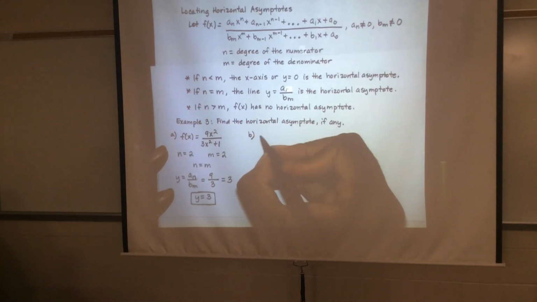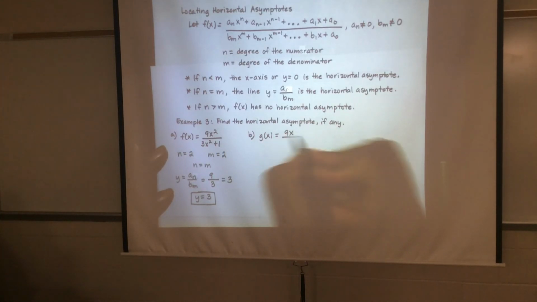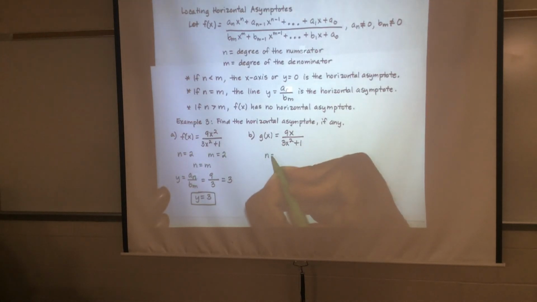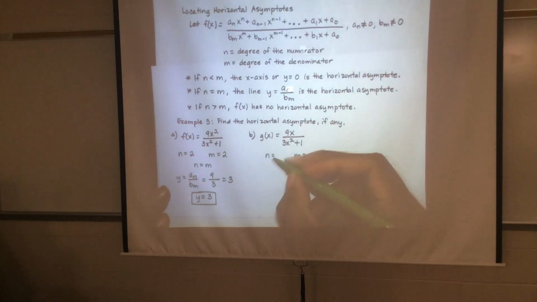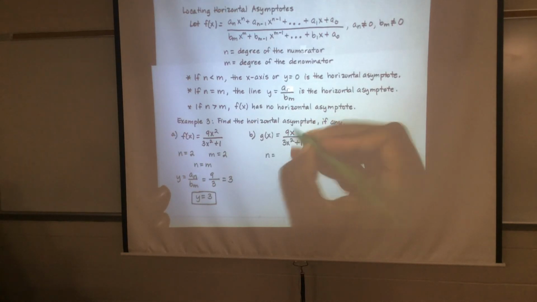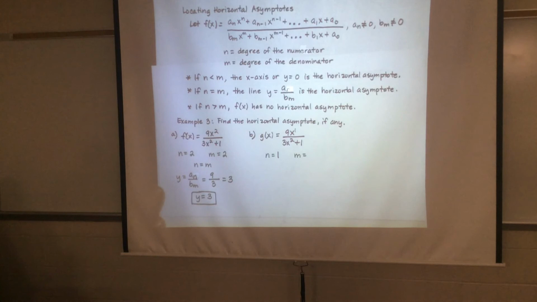Part B. G of x is equal to 9x divided by 3x squared plus 1. I want to find out what that horizontal asymptote would be. Let's identify the n and the m. The n is the highest exponent in the numerator. Well, the highest exponent there for the x is the understood 1, so n is going to be 1.